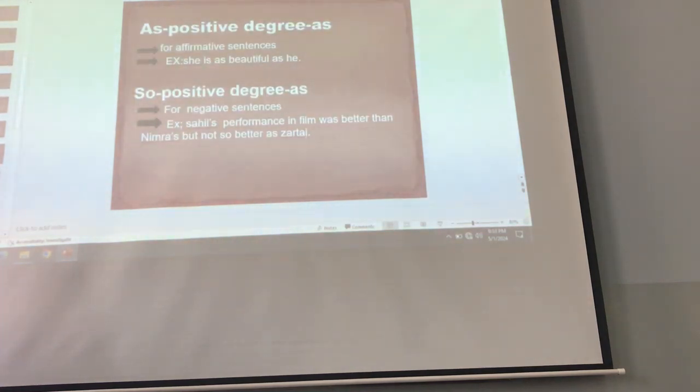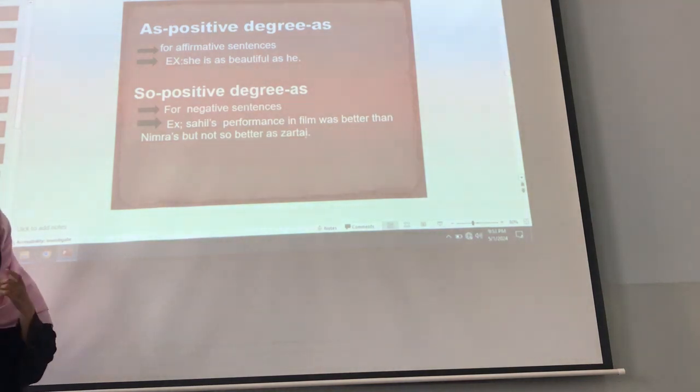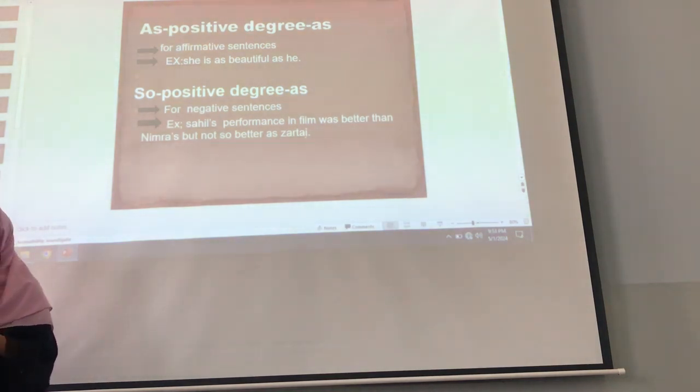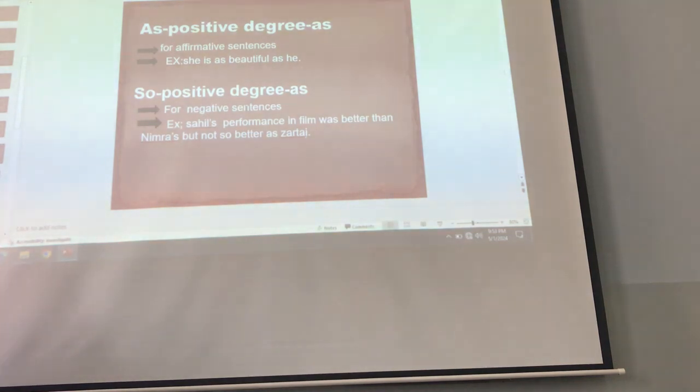Okay, our next point of discussion is also about the positive and comparative degree. We know that we use the comparative degree to compare two persons, places, or things, but here we will use the positive degree to compare two persons, places, or things. How? There are some words that make it like that.